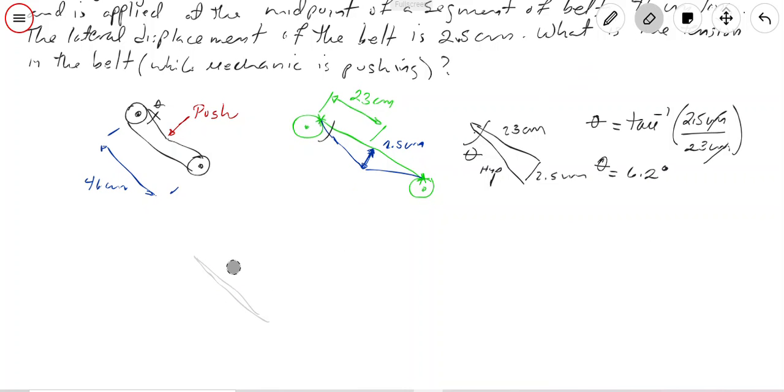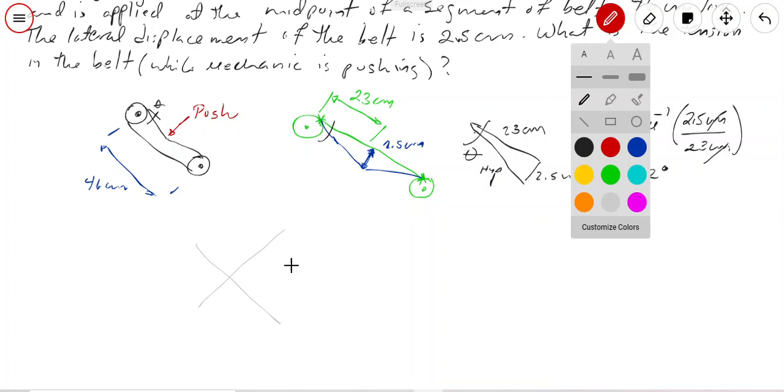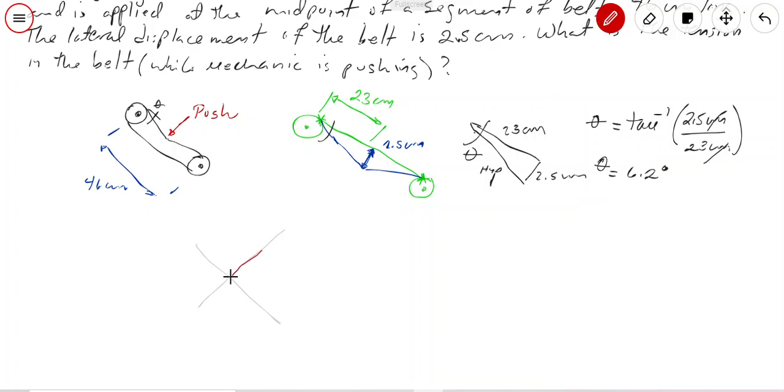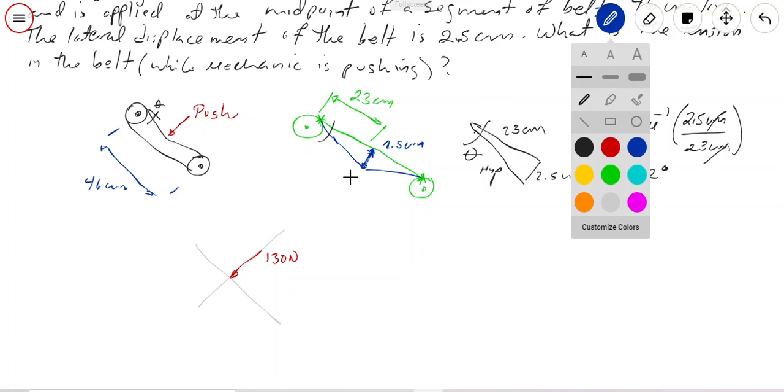do some auxiliary lines. So I have the force of 130 newtons in this direction. This is the pushing force. And now we have the tensions.